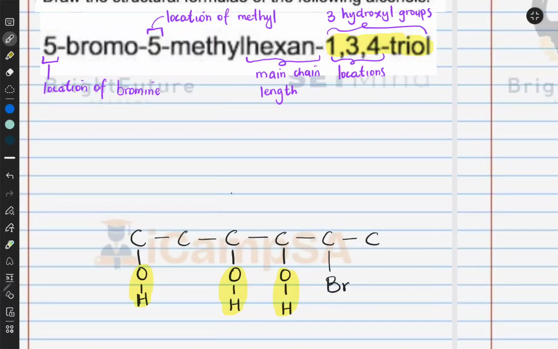It doesn't matter whether it's up or down. I'm choosing to put it down here so that I'll have more space to put my methyl group up there. That's methyl. And then we're done with the substituents, and we can start populating our carbon atoms with their H atoms.